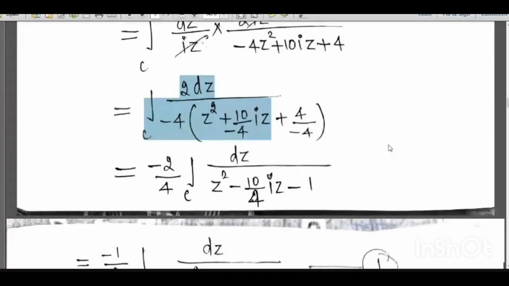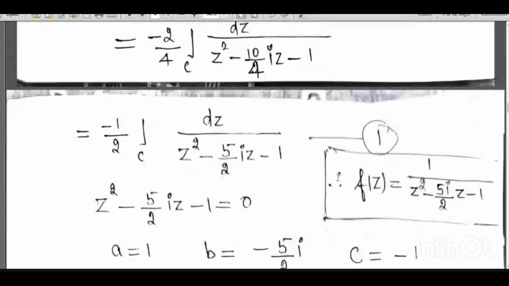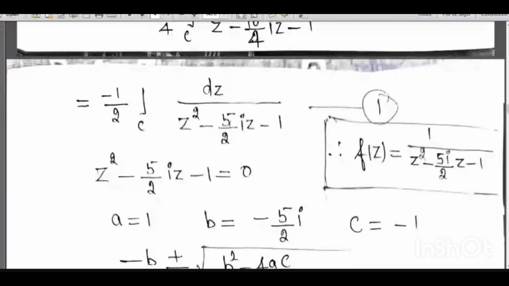So minus 2 divided by 4, the integral over c of dz divided by z square minus 10 by 4 iz minus 1. Minus 2 by 4 is minus 1 by 2, the integral over c of dz divided by z square minus 5 by 2 iz minus 1.